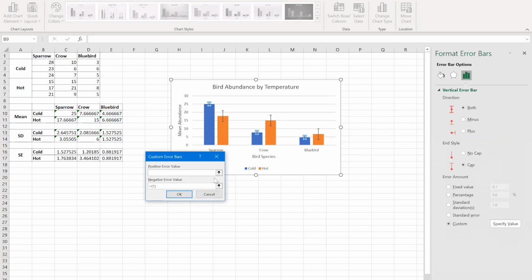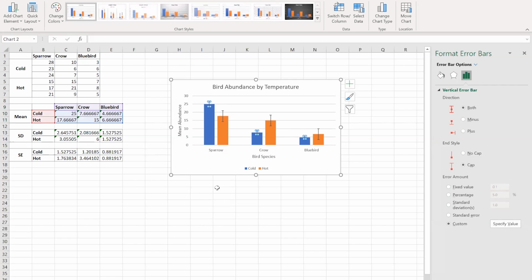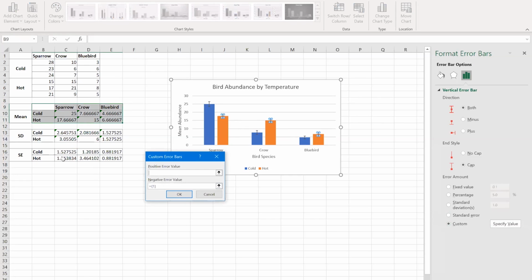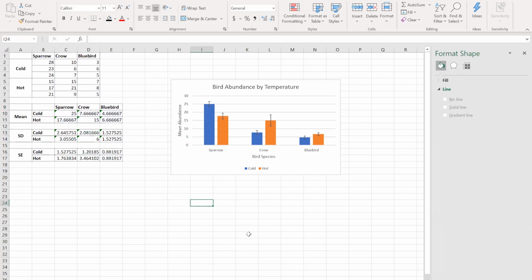So, which is right here, these three values correspond to these three errors. And delete that. Do the same thing for those ones. And there we go. Now we have the right error bars for cold. We can do the same thing for the hot weather. So making sure we select the standard errors for hot weather. And there we go.